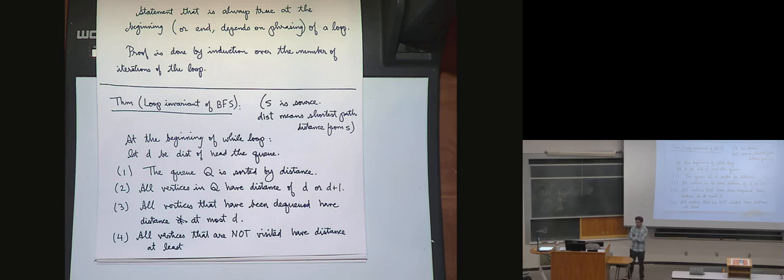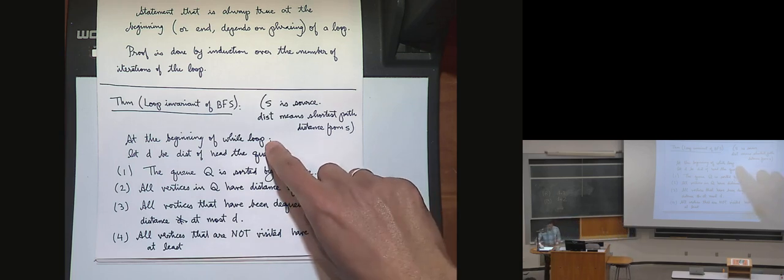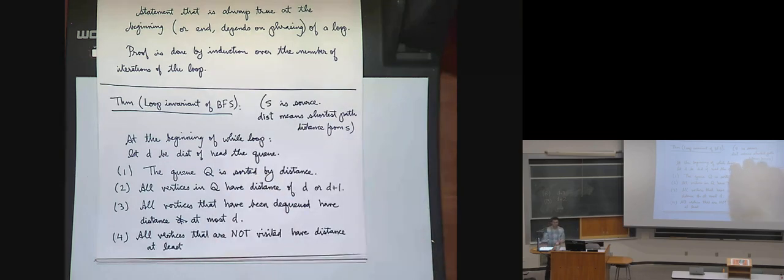Although when I said the beginning of the while loop here, I'm not talking about the beginning of that for loop. I'm talking about the beginning of the while loop. So imagine that whole loop has run.